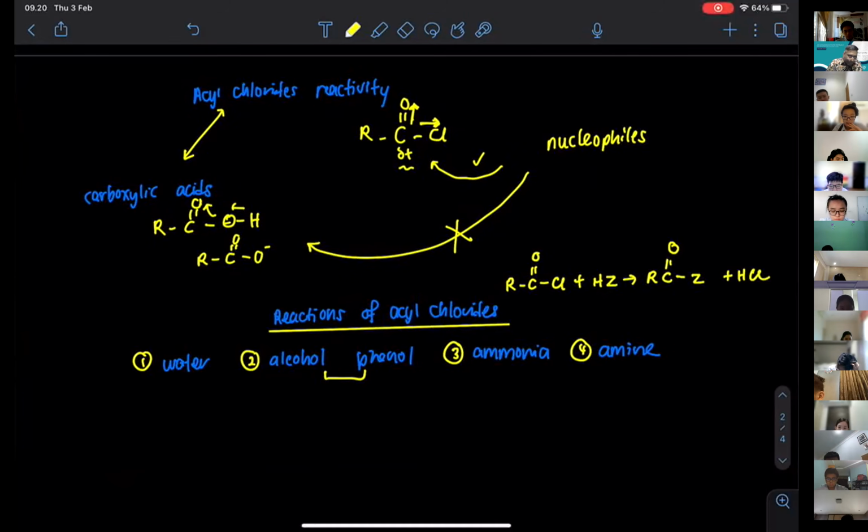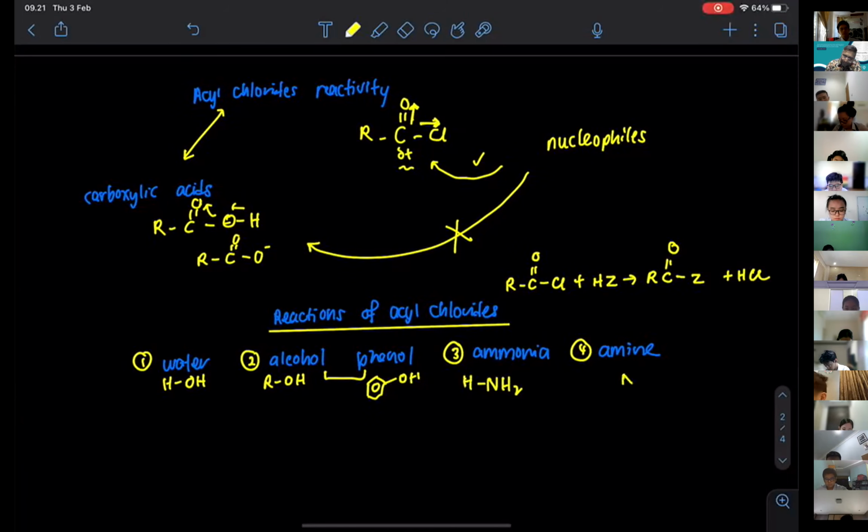So if you react with water, it means they are reacting with HOH, alcohol ROH, phenol, and then I put OH, and then ammonia, NH2, then I separate the H, easier to see that way.